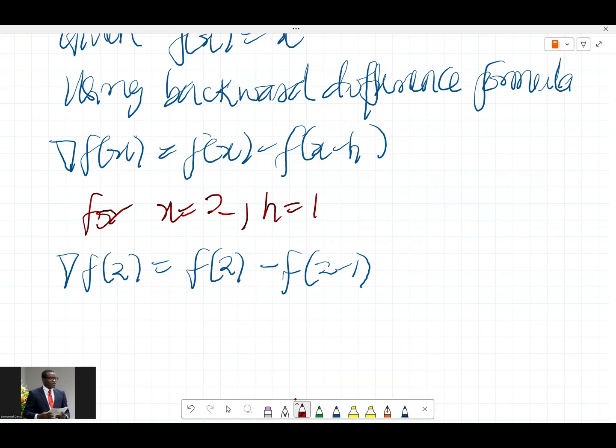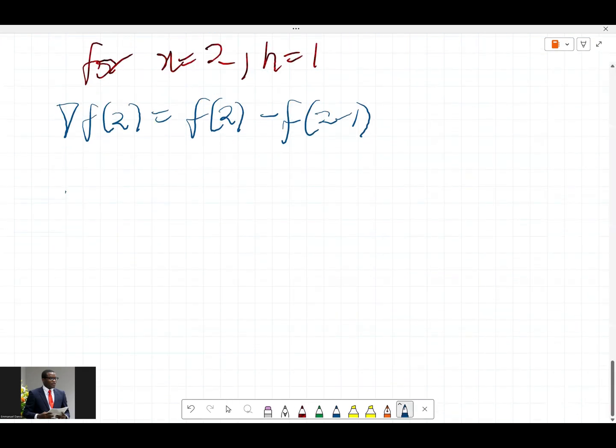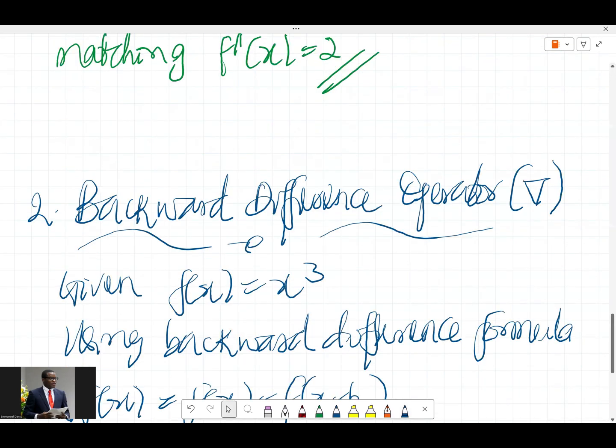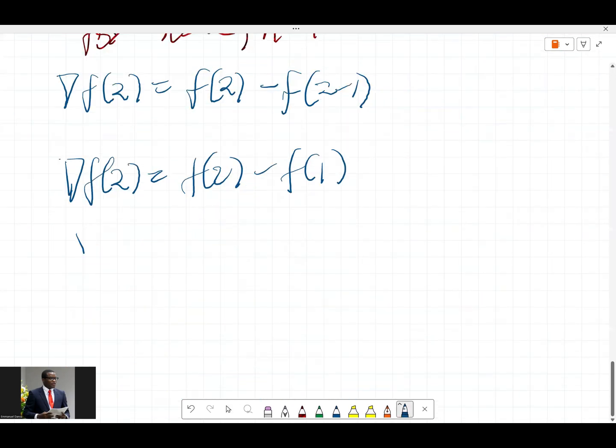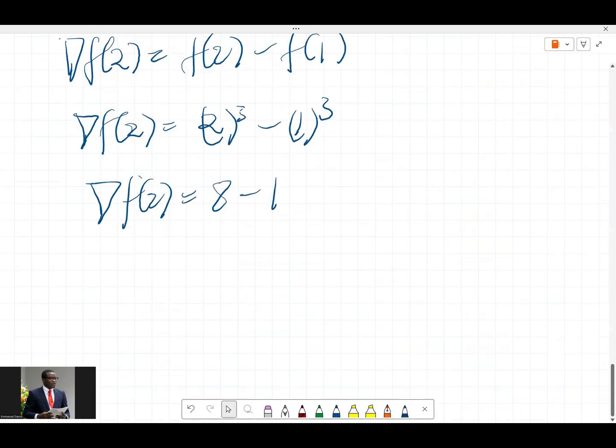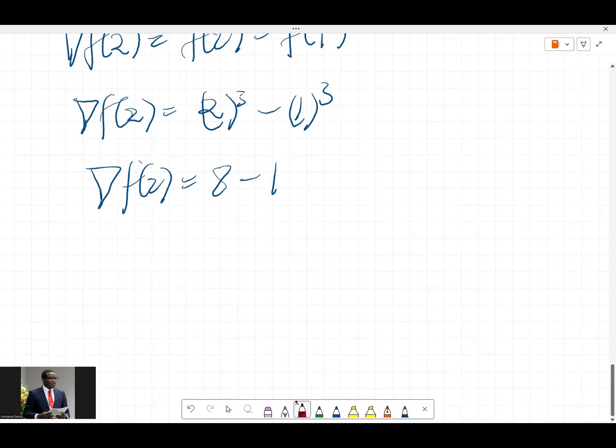So nabla f of 2 is f of 2 minus f of 1. The function we have is x cubed. So nabla f of 2 is equal to 2 raised to power 3 minus 1 raised to power 3, which is 8 minus 1. Finally, nabla f of 2 is equal to 7.